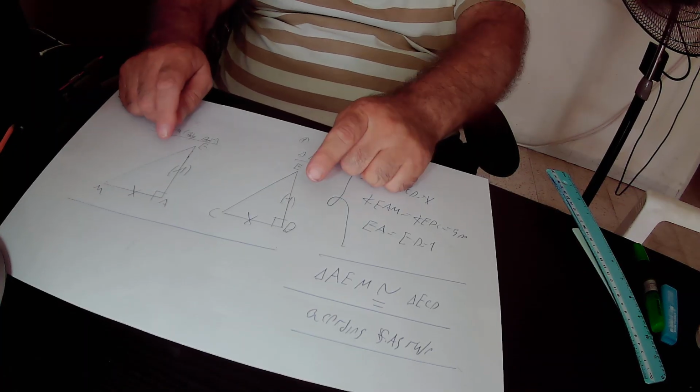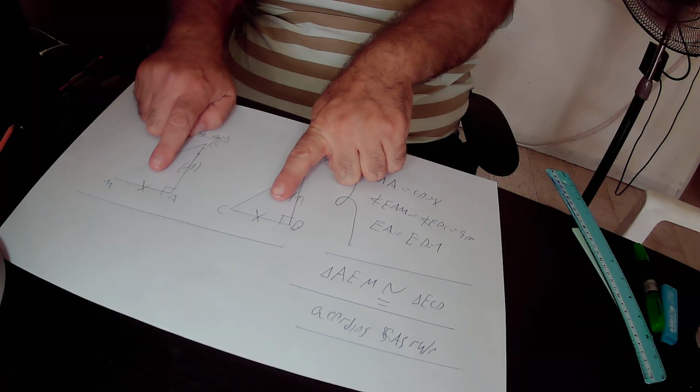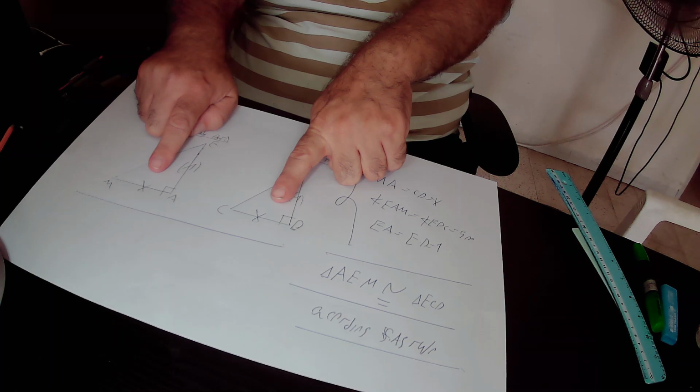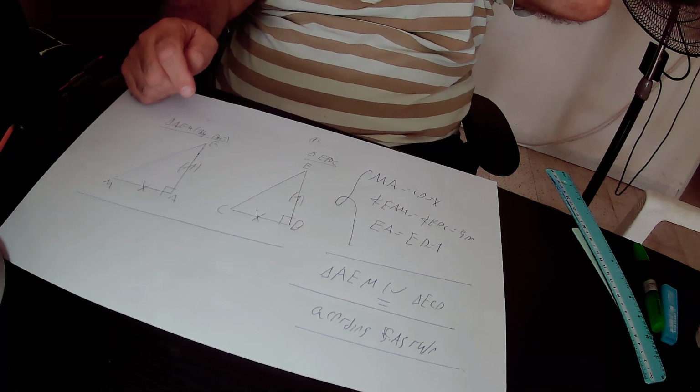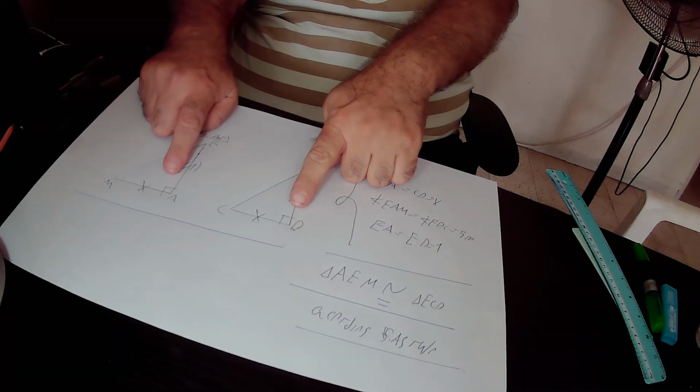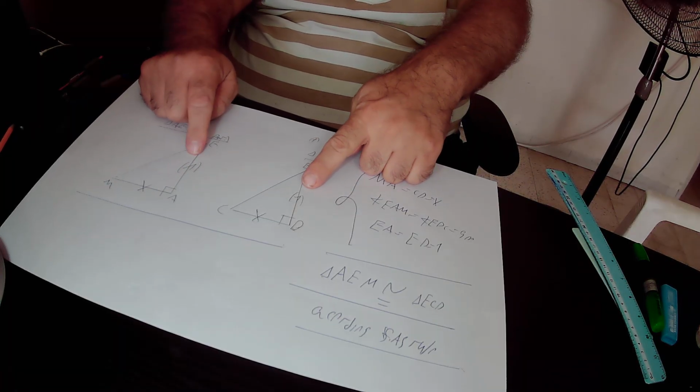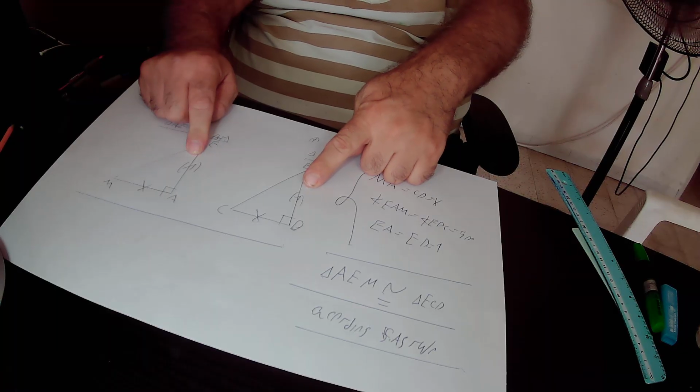First of all, those two sides are both equal to x and therefore they are equal to each other. In addition, those two angles are both equal to 90 degrees and therefore they are equal to each other. And finally, those two sides are both equal to 1 and therefore they are equal to each other.